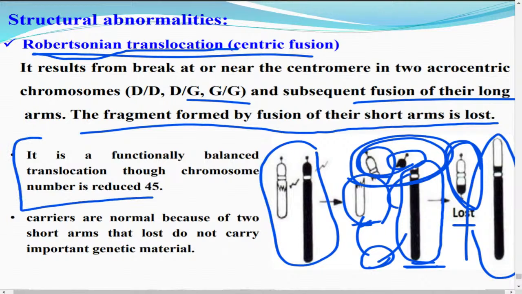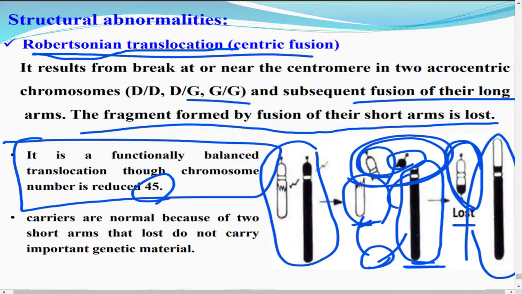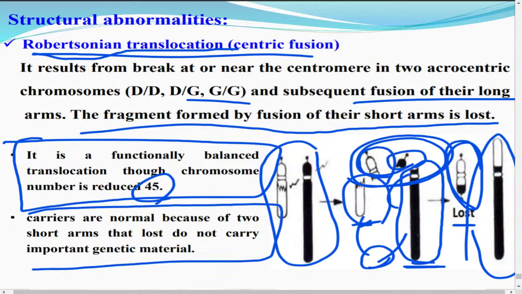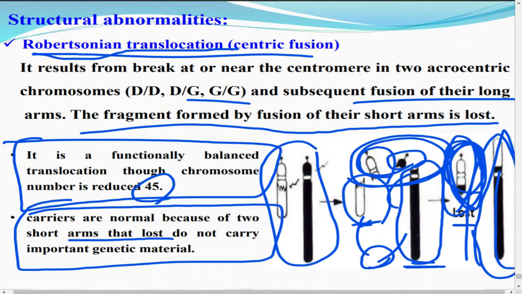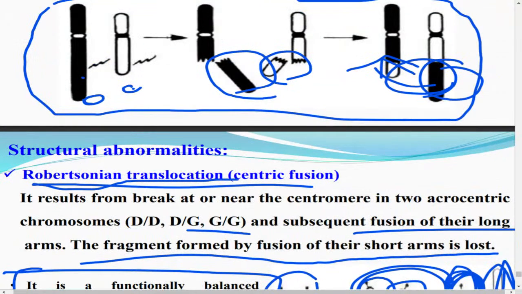It is a functionally balanced translocation though the chromosome number is reduced to 45. Carriers are normal because the two short arms that are lost do not carry important genetic material. These are lost and they do not carry genetic material, but the big ones do carry and they survive.